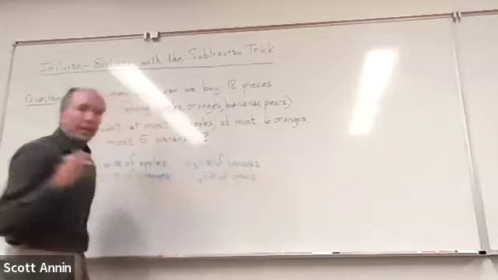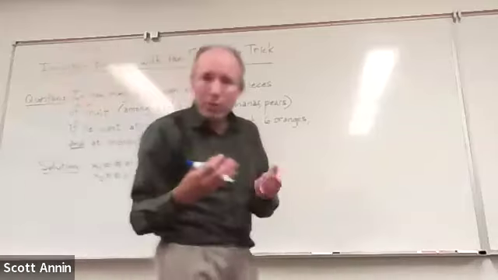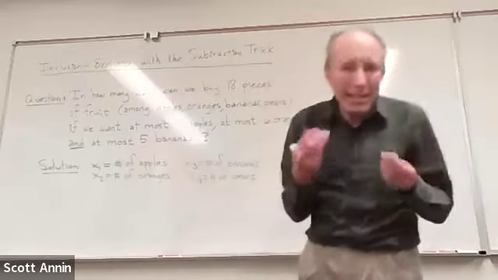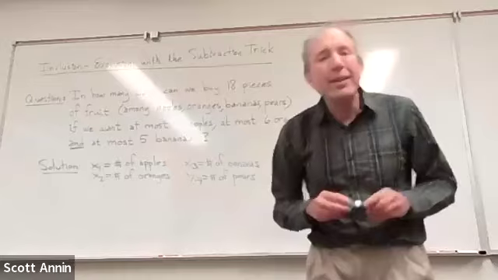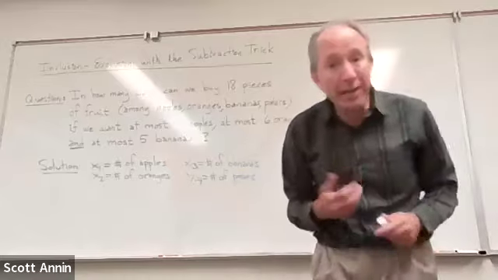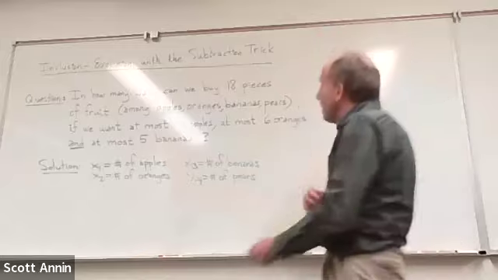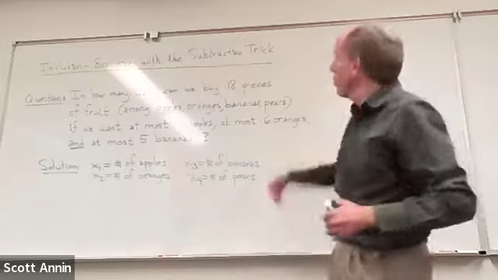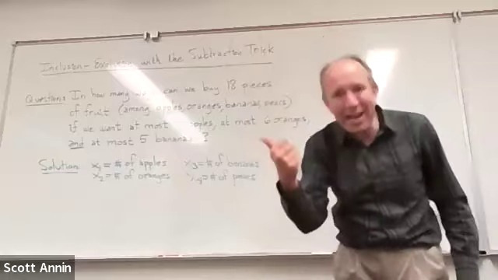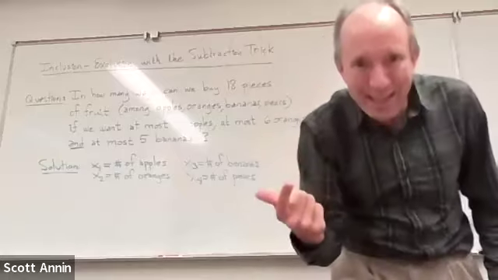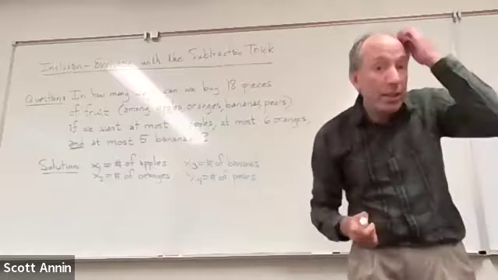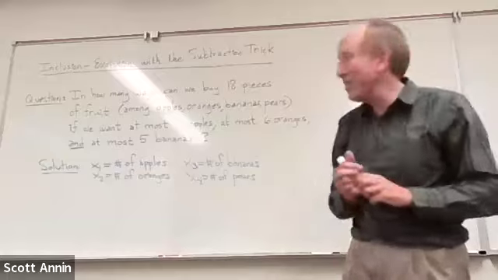Now, if we assume that these pears are all identical to one another, and these bananas and oranges and apples are all identical to one another, then we certainly are allowed repetition here. And at the same time, it doesn't matter what order we purchase these 18 pieces of fruit in. So order does not matter, and repetition is allowed. This is a buying fruit scenario that we can use stars and bars to solve.